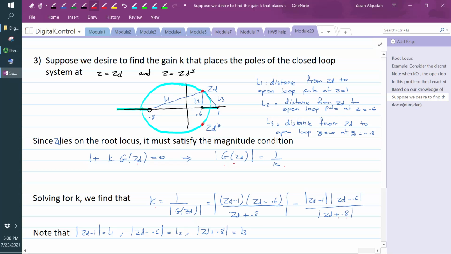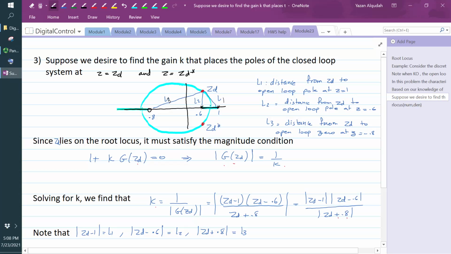So if I want to know the value of the gain so that I'm operating at ZD, I can just take the distances, which I have here, probably mislabeled: this is L1, L2, and this is L3. I'm going to take L1 multiplied by L2 divided by L3.